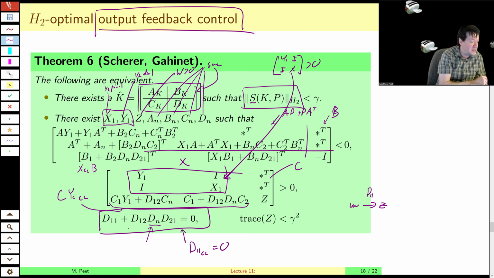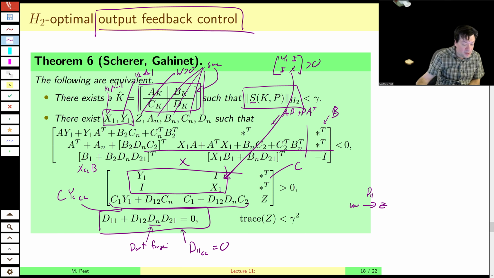So the H2 optimal control problem as an LMI is actually more reliable than the MATLAB functions that we sometimes get. So don't forget to include this. Otherwise, you're going to get a direct feed-through term, and you have infinite H2 norm, which will pose an issue there.